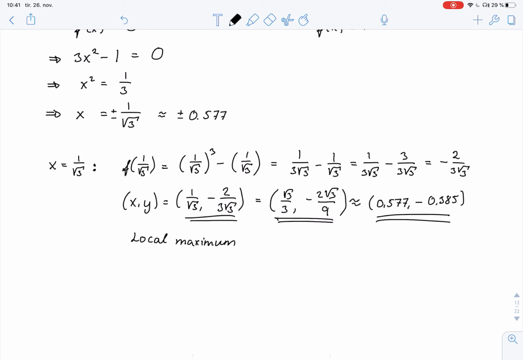And then we test the other point, like this. And we get minus because we have minus times minus times minus here.